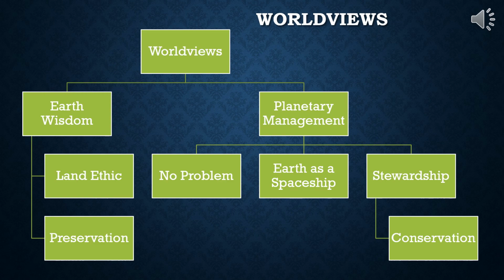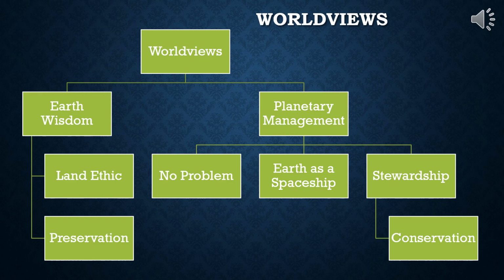Probably the best one is what we call stewardship. Stewardship tells us that because we have the ability to maintain and control our ecosystem, we should. Sometimes stewardship is tied in with this idea of conservation. Conservation was championed by Gifford Pinchot, who is also one of the first heads of the U.S. Forest Service and worked really closely with Teddy Roosevelt, and had a pretty heated debate with his former classmate John Muir.